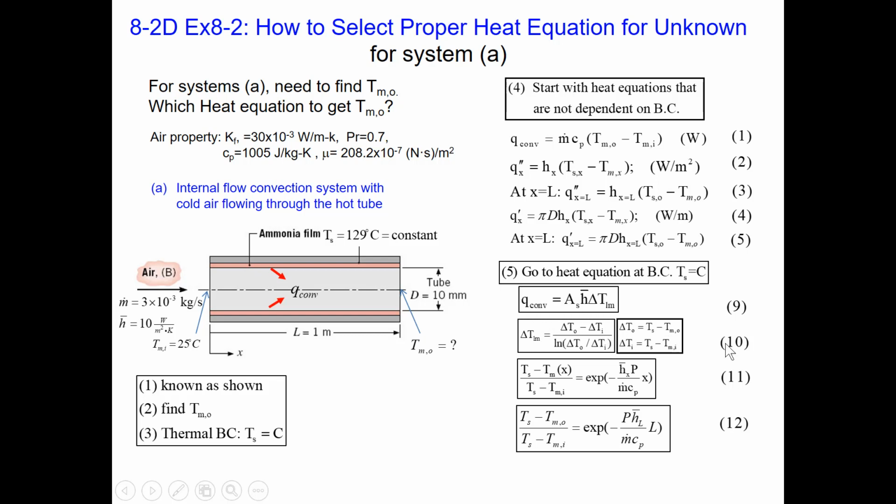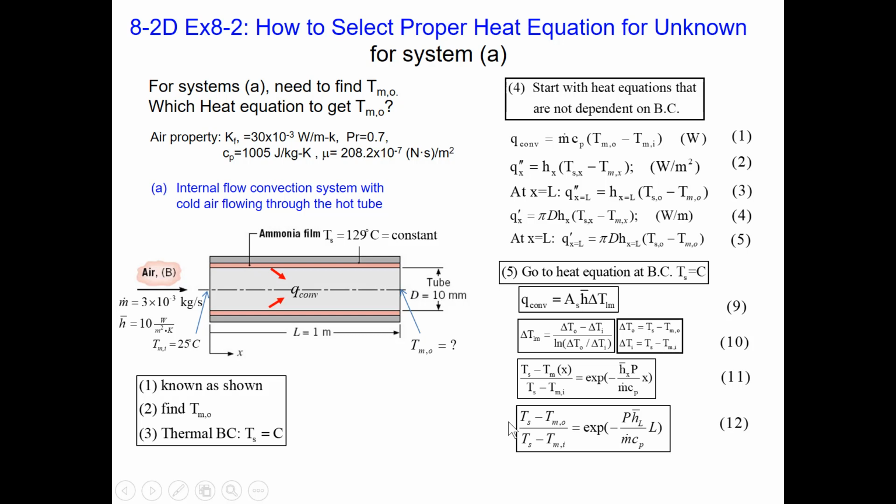For equations 9 and 10, since we do not know the convection rate, we cross these equations out. We move on to equation 12. Then we check. We're looking for Tm,o.